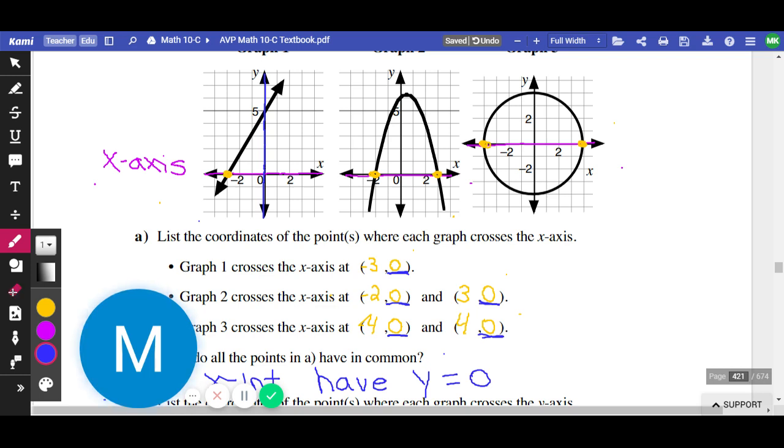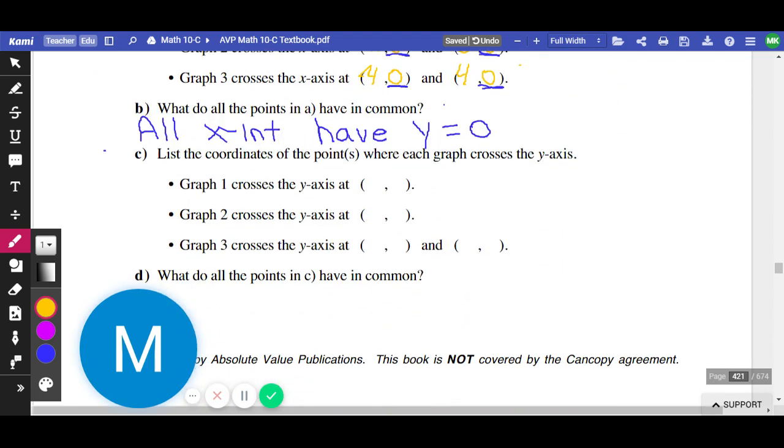It crosses right here. We would say that crosses at 5, the y value is 5. The x value in this case is 0, right? Because I never moved left or right, I just went straight up to 5 to get to that point. So I would say it crosses at 0, 5.